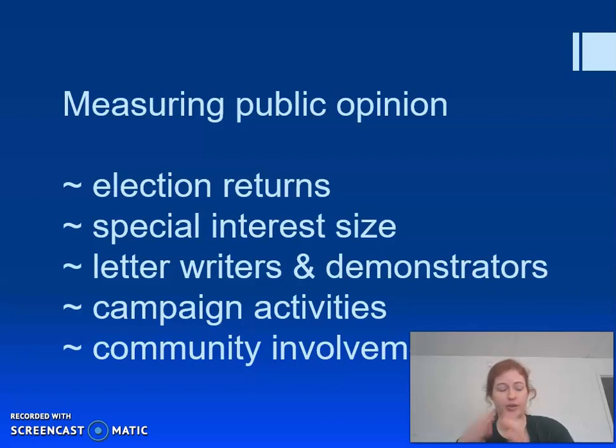Election returns are a handy way to find out what the public is thinking, because you can then definitively discern how someone voted, how many people voted for a particular person or party, or a particular set of candidates, if we're talking about, say, president and vice president, how many people turned out in a different area. You can also take a look at different demographics, and those demographics would include what age groups turned out and how they voted.